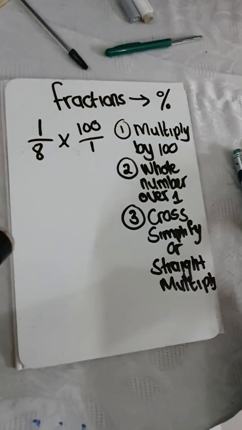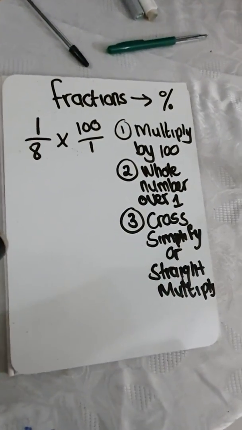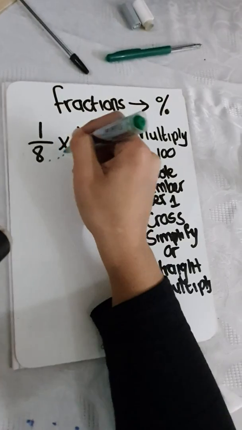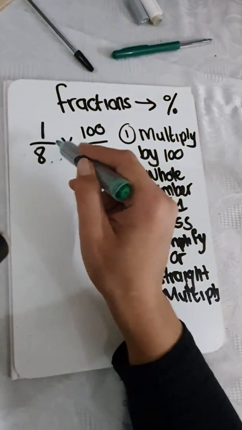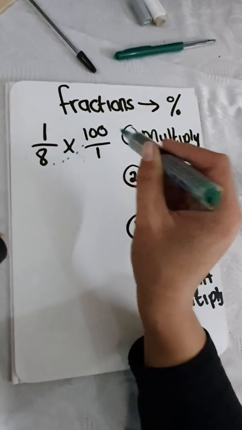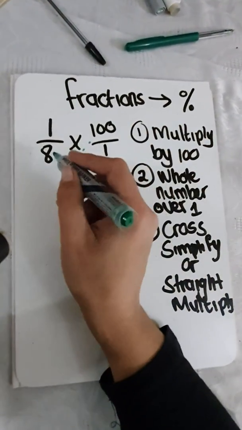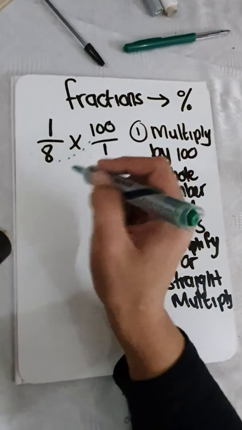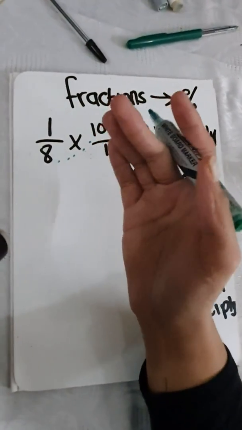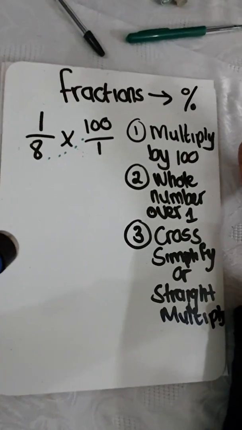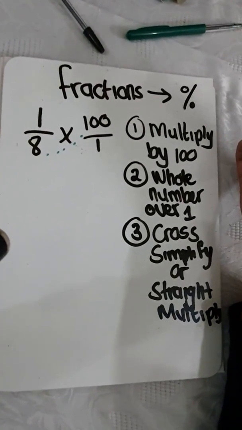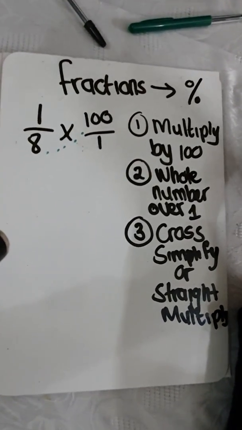Now, that means if I'm going to be looking at cross simplification, the two numbers that I need to be looking at is 8 and 100. I am going to look for a common factor between 8 and 100. It doesn't mean that you're always going to find the highest common factor or what you've previously known as the greatest common factor.